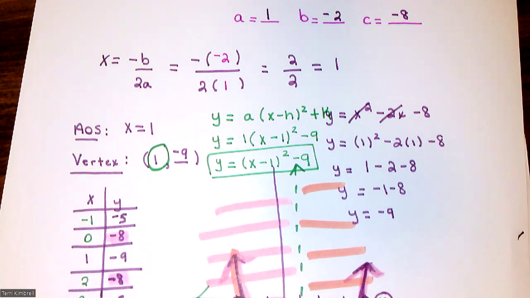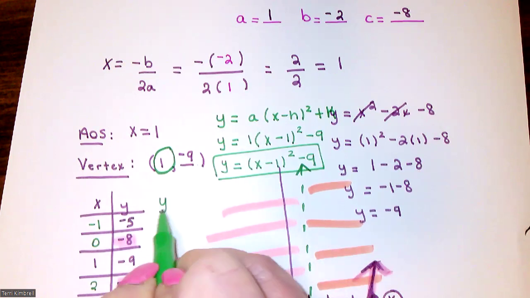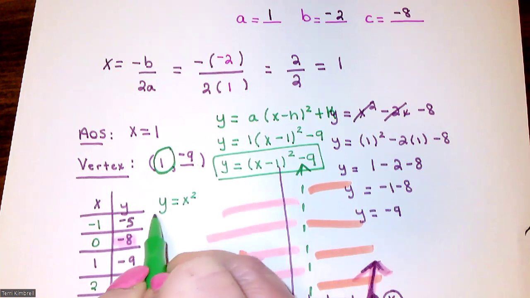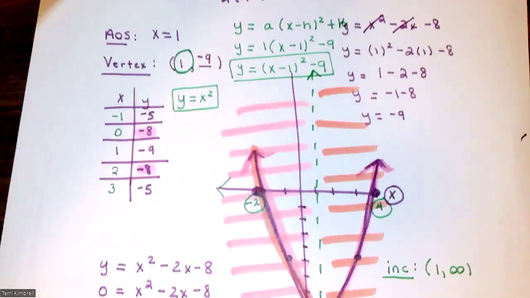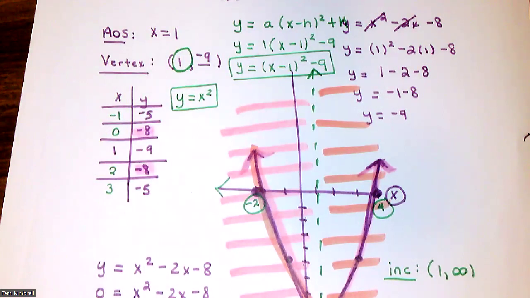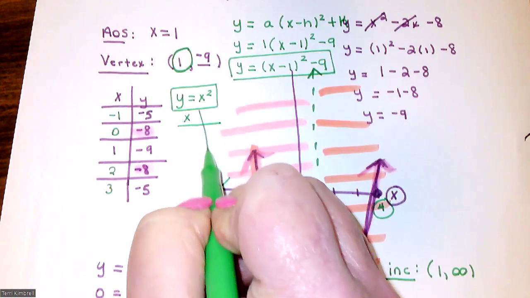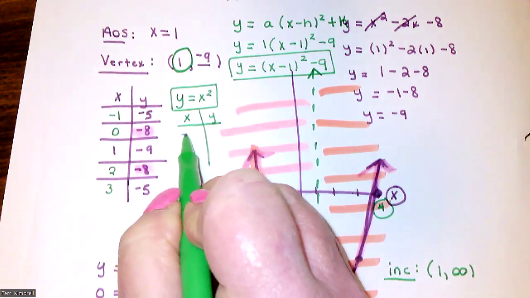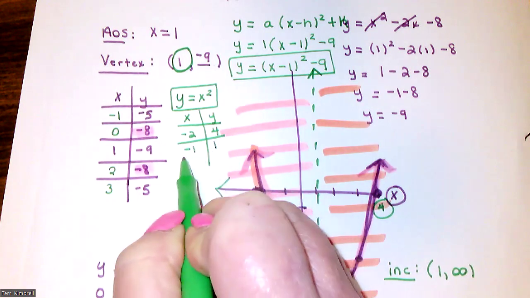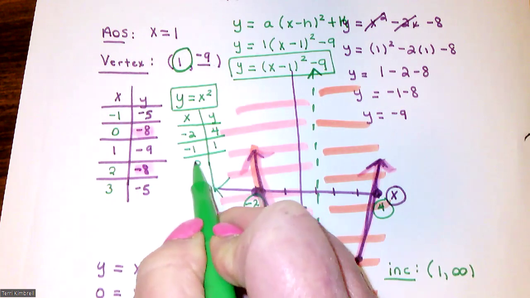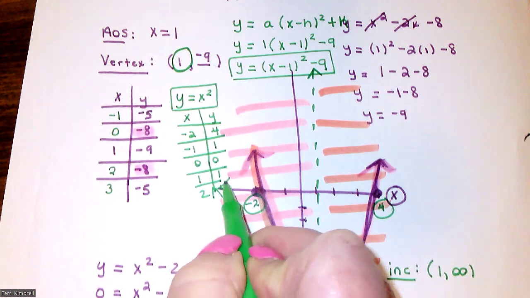And when you compare these parabolas, if you forgot, your parent function to a quadratic is y equals x to the second. So in your parent function, remember, if we had negative 2, it gave us 4. Negative 1 gives us 1. 0 is 0. 1 is 1, and 2 is 4.